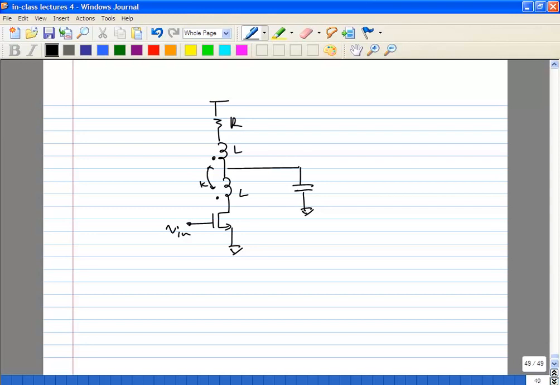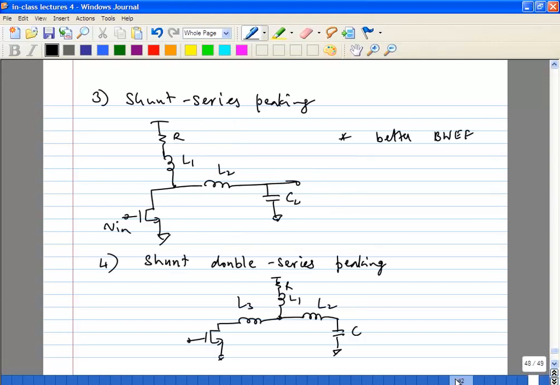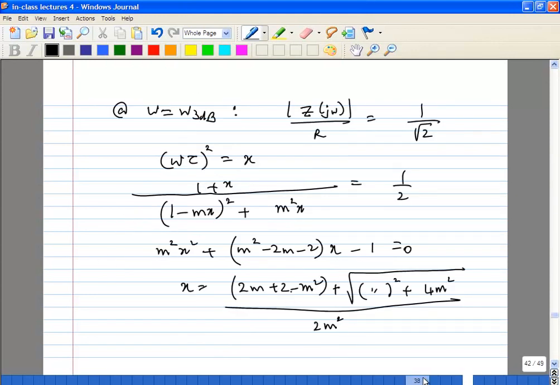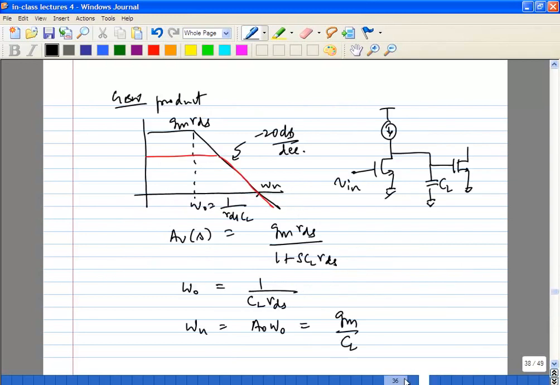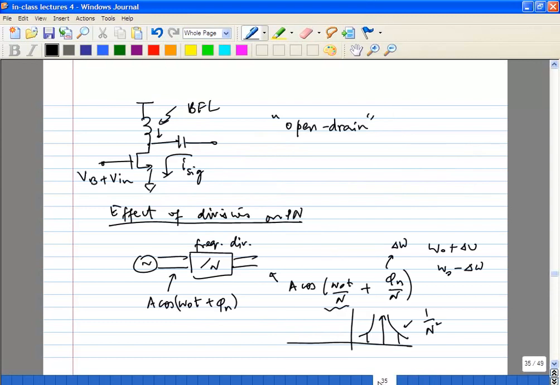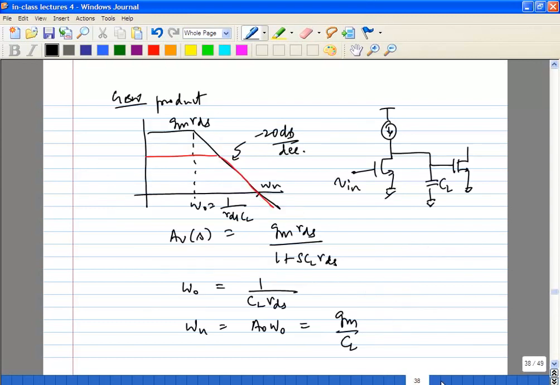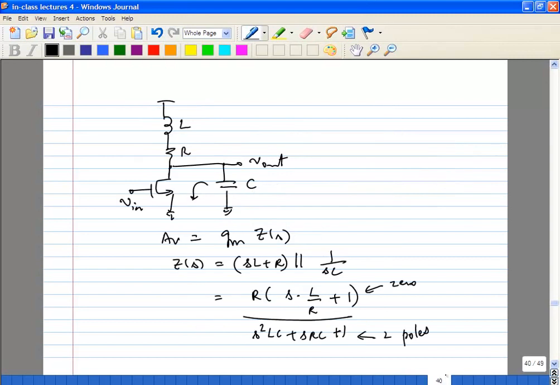Also, what is very common in many of these circuits, if we go back to the shunt, is to add a bridging capacitor.